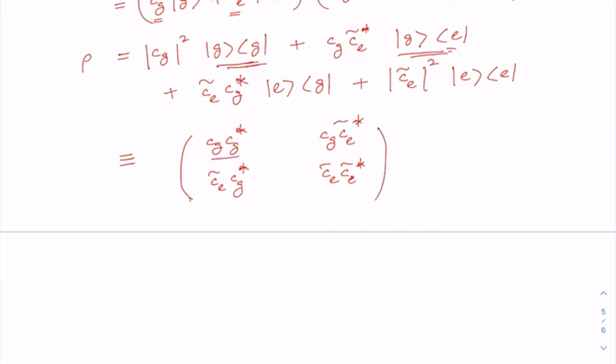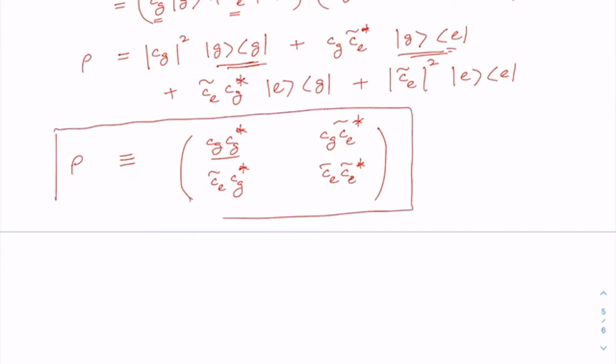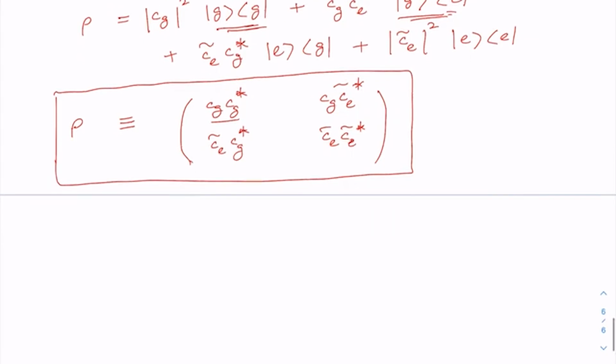These are the matrix elements. This is the density matrix, an operator, and we are now writing it in the matrix form.